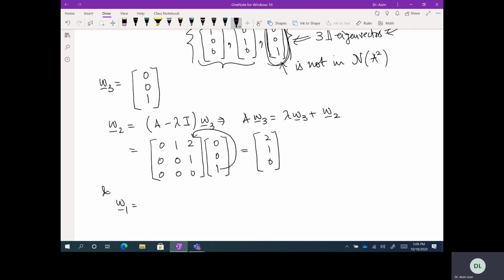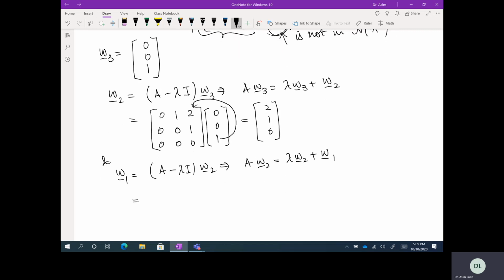W1 is simply A minus lambda I times W2, because A times W2 is equal to lambda times W2 plus W1.